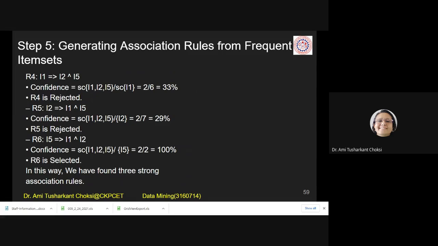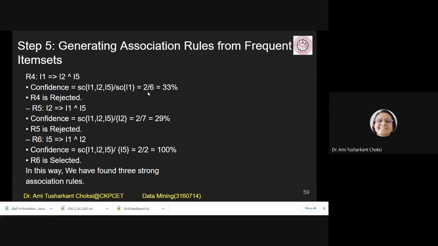What we need to do is, confidence is equal to the support count of all the items in the rule divided by the support count of whatever is available before the implication sign. For whatever things are there before that, we take the support count.